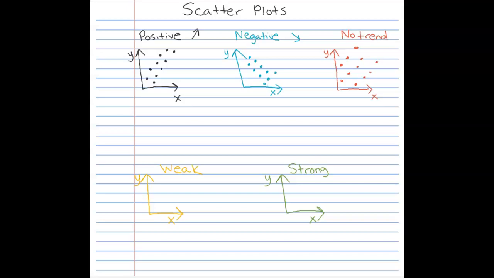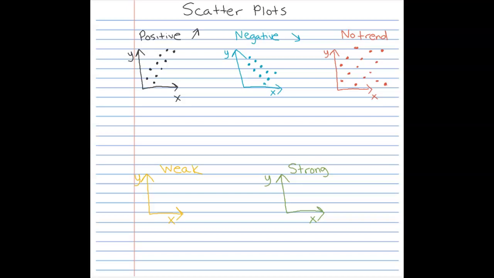It would be going more up to where I have the arrow. Same with negative, but with no trend, the next plot could be here, could be here, could be here. We don't know where that's going. So that's why we say that one has no trend. You don't know where it's going. It's unpredictable. We don't like that.